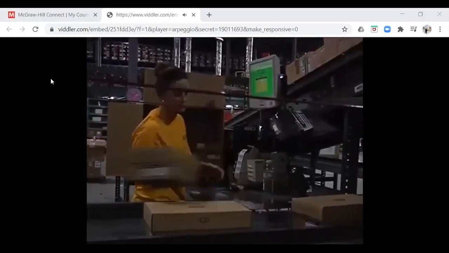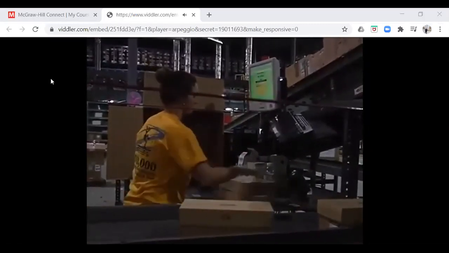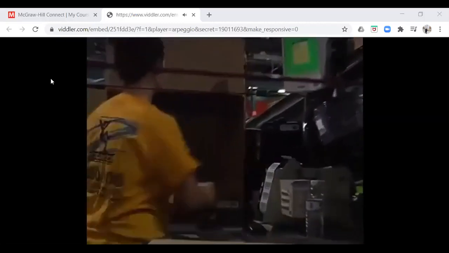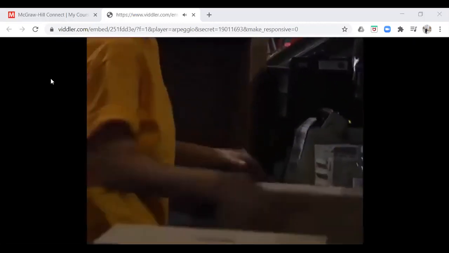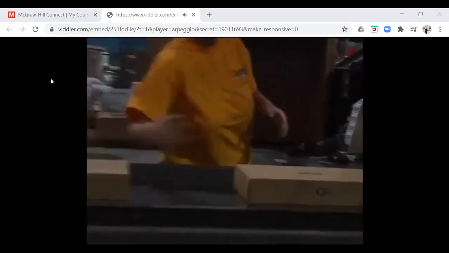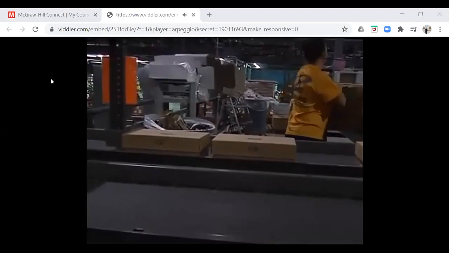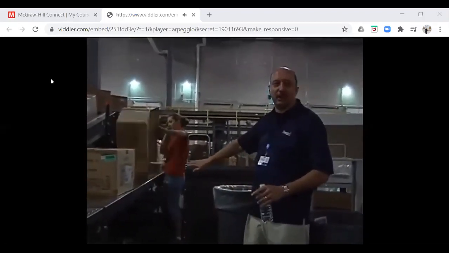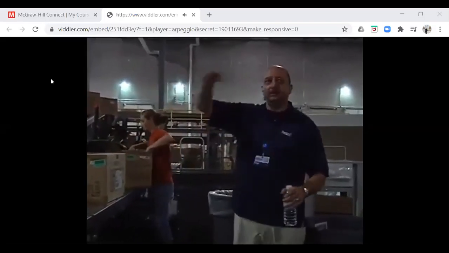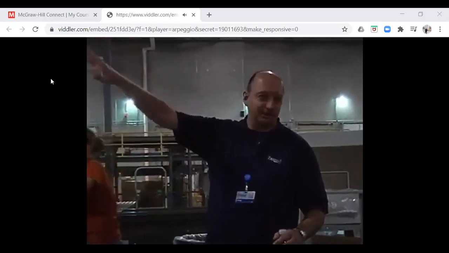So every item, even if they're identical, will have individual serial numbers, so we can track it from cradle to grave, the history of that item. And then that also enters it into our inventory system and receives it. That's the point of receipt for us at that point. After the item is received, then all the receiver has to do is slide it over onto a takeaway belt that will then take it through our system and put it into our inventory system for storage.